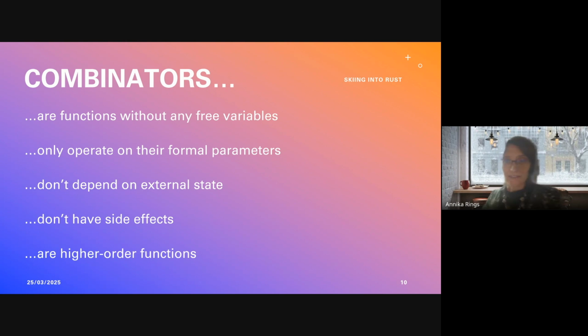And also combinators are higher order functions, so they take functions or other combinators usually as arguments, and they return combinators as well. And this idea of higher order functions is also something that is very important in functional programming. So there's a link here as well.